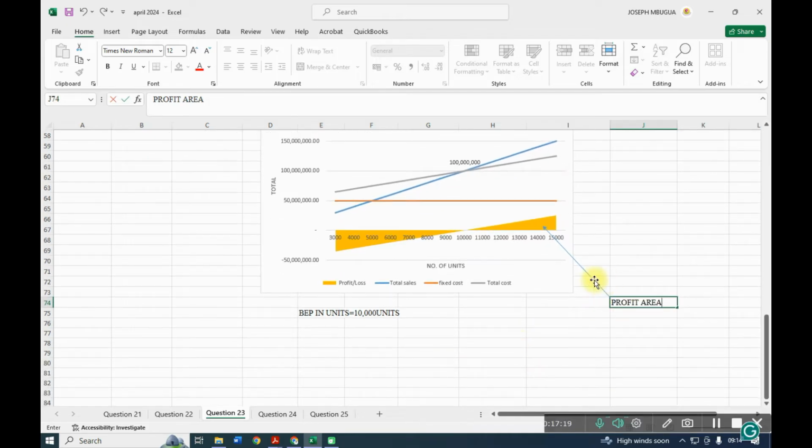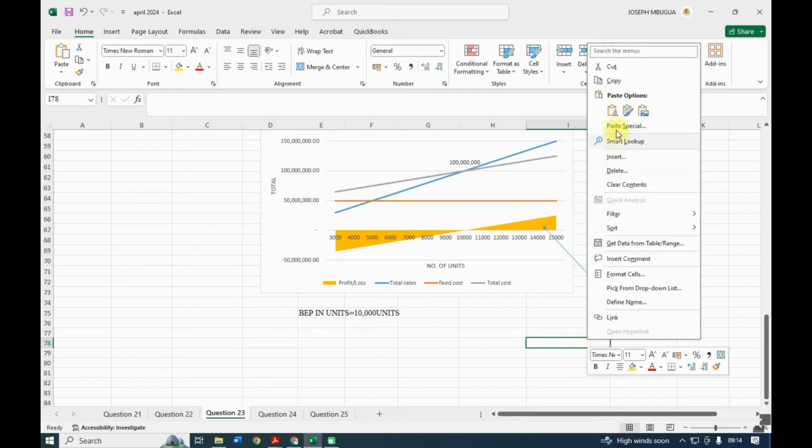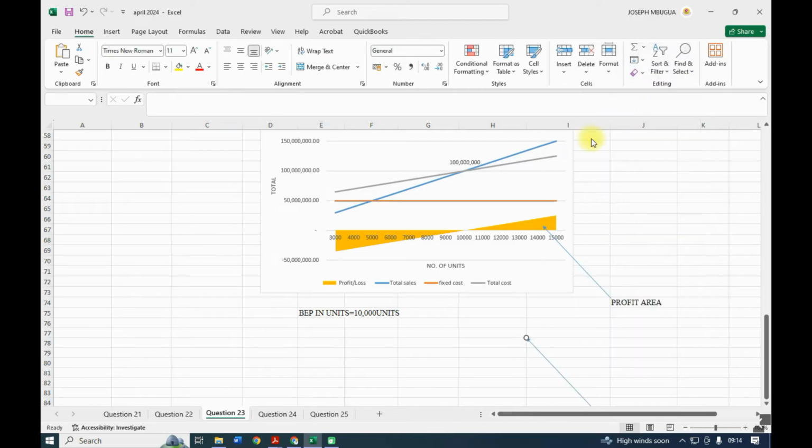Then I can copy and paste, and when we paste we can change the direction, to indicate that what you see here is my loss area.